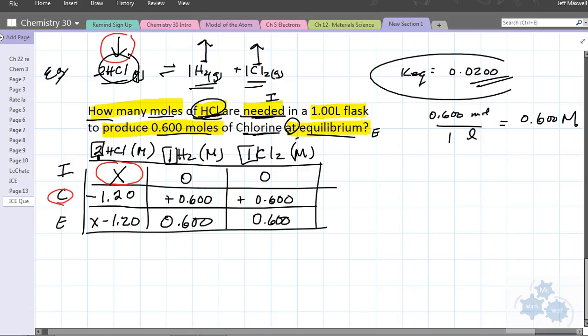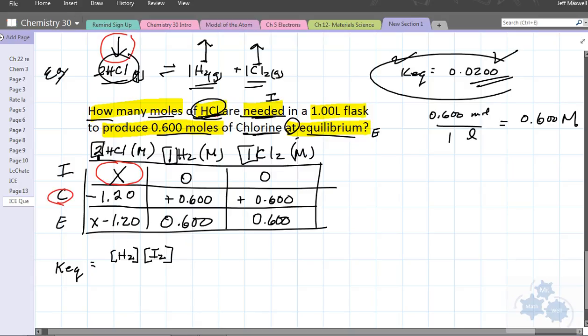Okay, yeah, we need to use the equilibrium equation now, right? The equilibrium expression. So what's the KEQ? Yes, this is the value, but what is the expression? Okay, let's just do the expression here first. H2 times I2, to the power of 1.